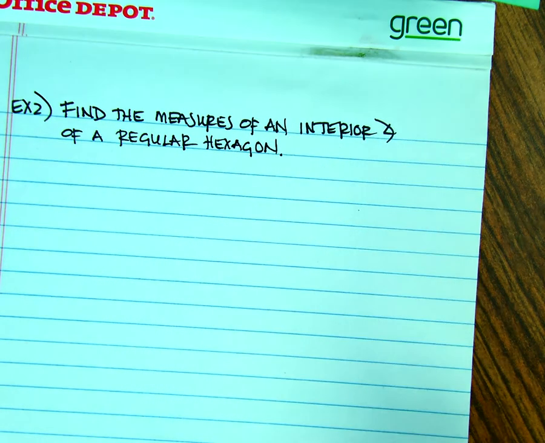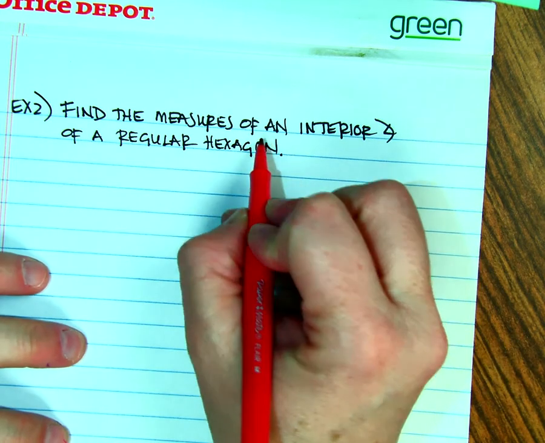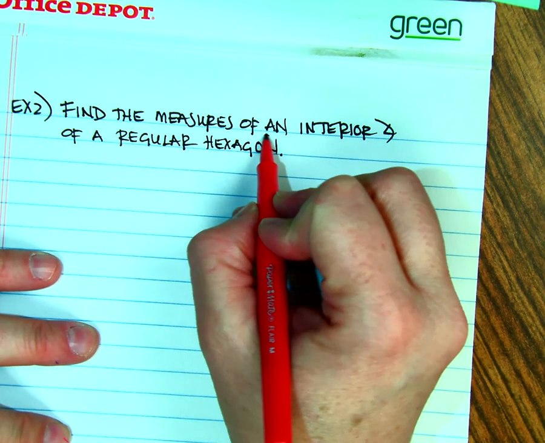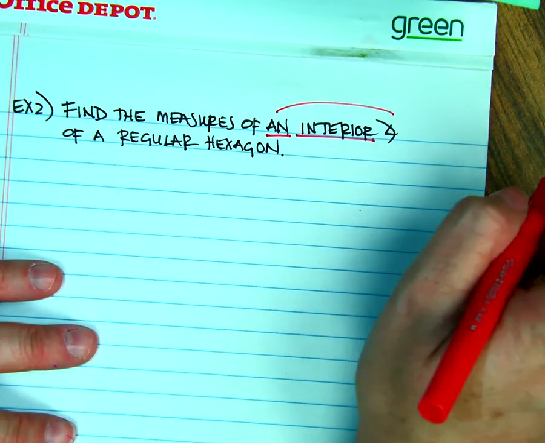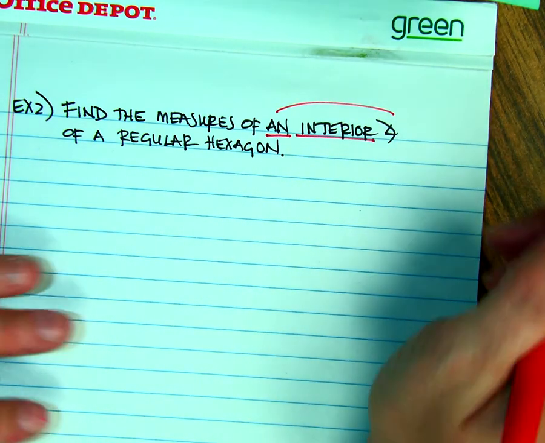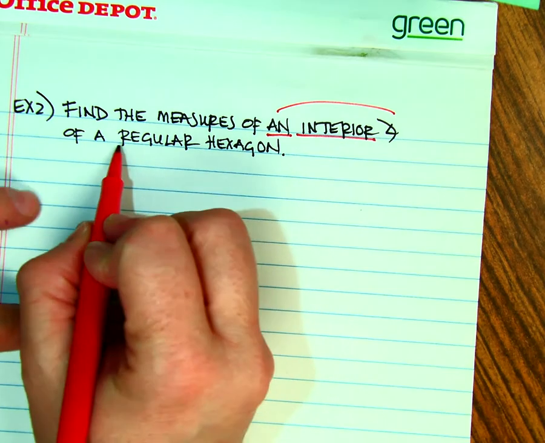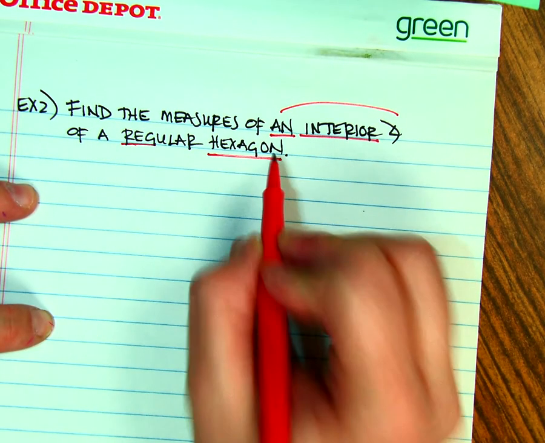So there's a couple things that we need to be paying attention to when we read. It says find the measure of 1. So this is representing 1. Well, I know how to find all of them, but how do I find 1? And it's a regular hexagon.